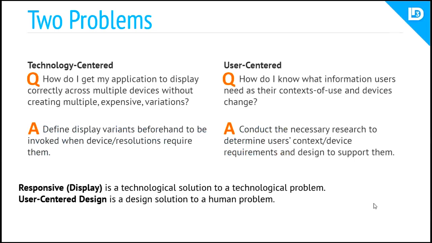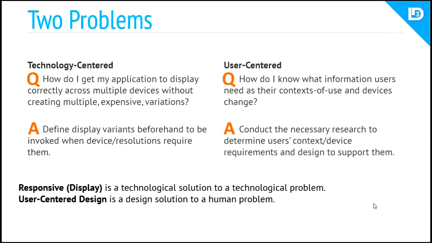Not at all. In fact, the technology-centered solution is, in my opinion, the correct one. What's missing here is the requirements gathering process, the design process, to inform that technology-centered solution.